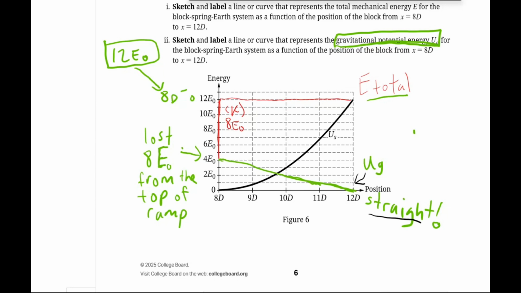But at that point, we have more spring potential that's introduced. So we have 4 units of gravitational potential energy, and then kinetic filled up the additional 8. Over here, we have 3 units of UG, and then it looks like slightly less than 1 unit of US, the spring potential energy.